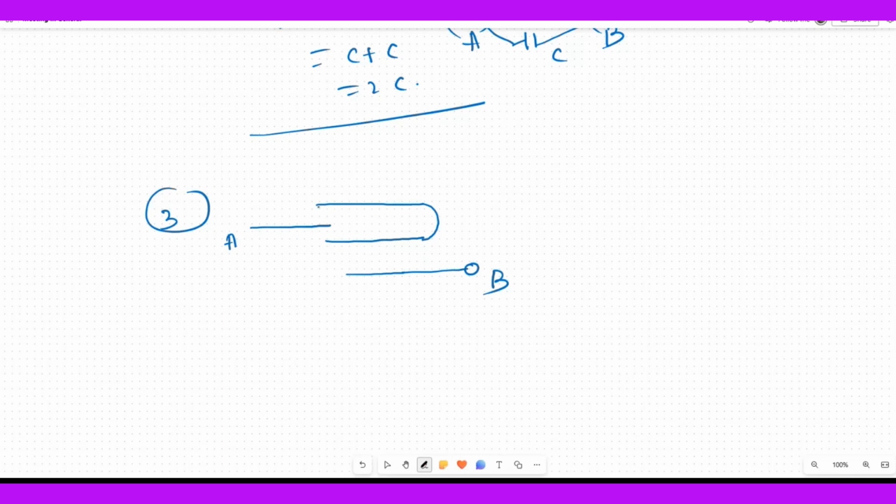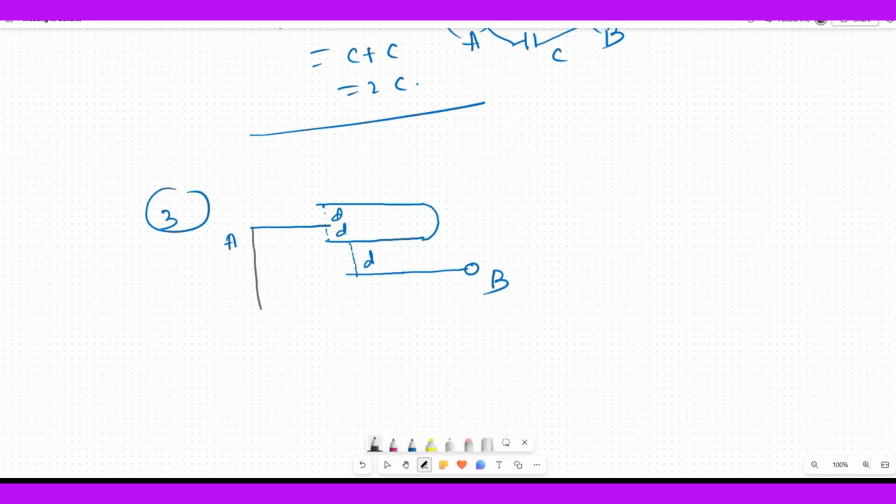Here the distance is D only. I mean, this is D, this is D, this one also D. Maybe confused, that's why I told you. Your problem is to find the equivalent capacitance between 2 points A and B. What method should I follow here?